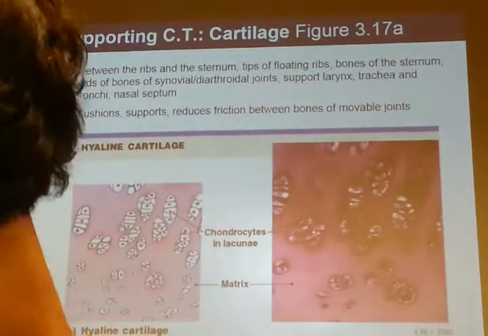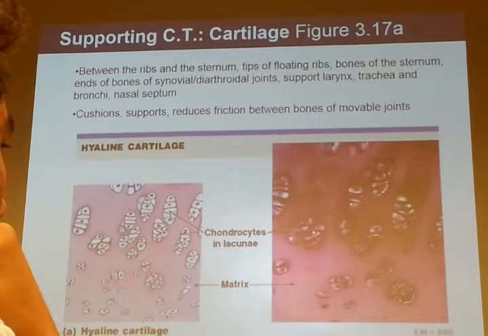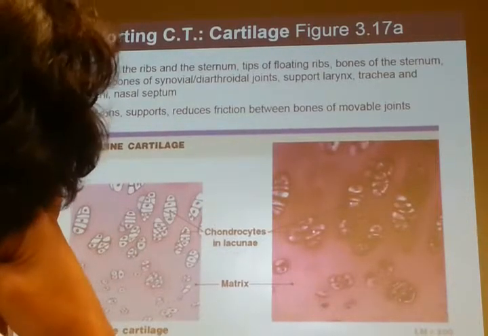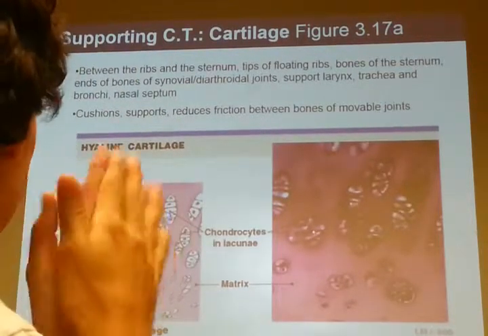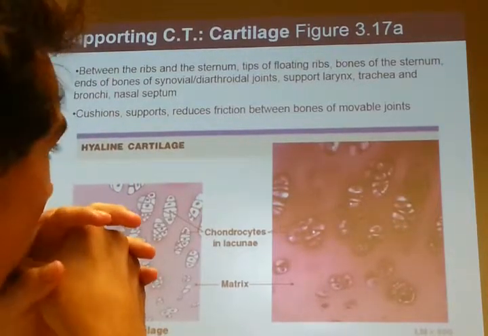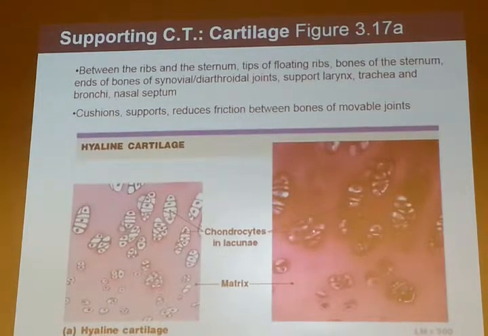The floating ribs have hyaline cartilage on their ends, but don't connect to other ribs or the sternum. All your freely movable joints have hyaline cartilage on their surface. Your larynx is supported open, and your vocal ligaments are supported by hyaline cartilage.